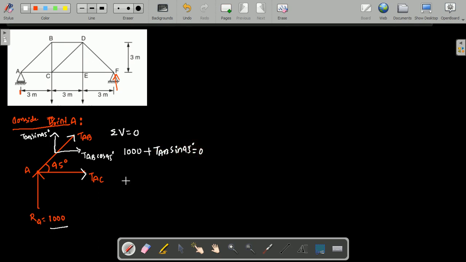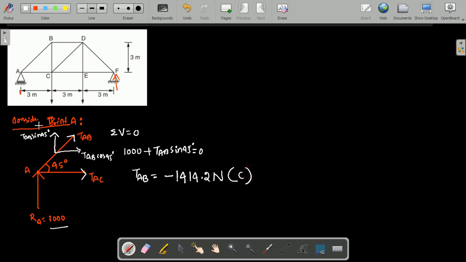Clear? So now from this we get the value of TAB. Take this 1000 to that side, and we get minus 1414.2 Newton as TAB by simplifying. As I mentioned, if the value is negative, then you need to write that the member is in compression.